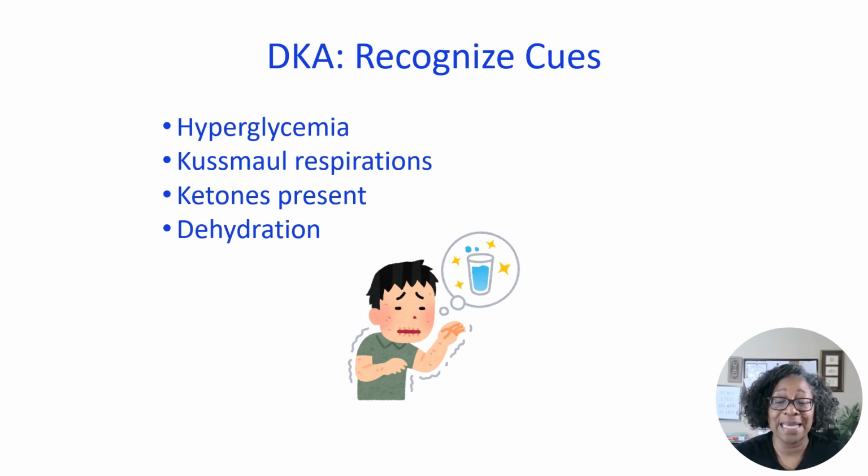You should realize that ketones are present because of that fruity breath and dehydration, because the cues were the dry mucous membranes. These are classic findings for diabetic ketoacidosis, or DKA.